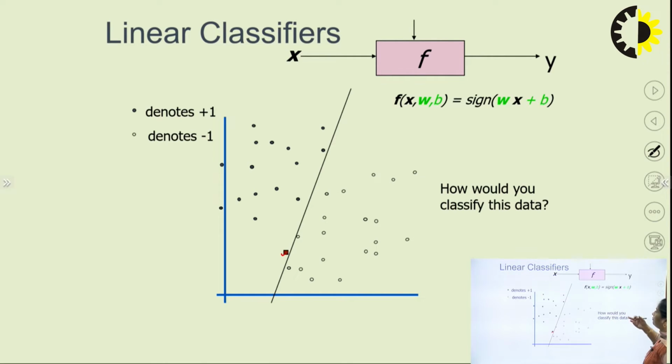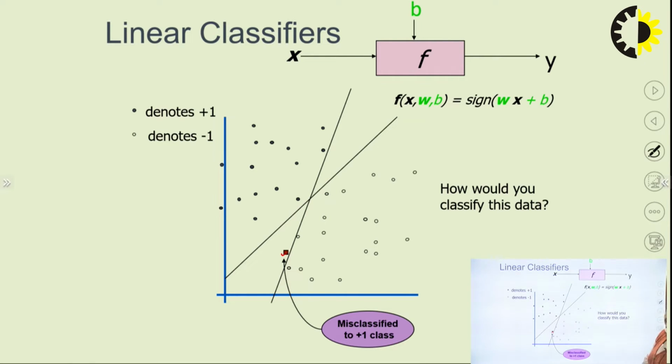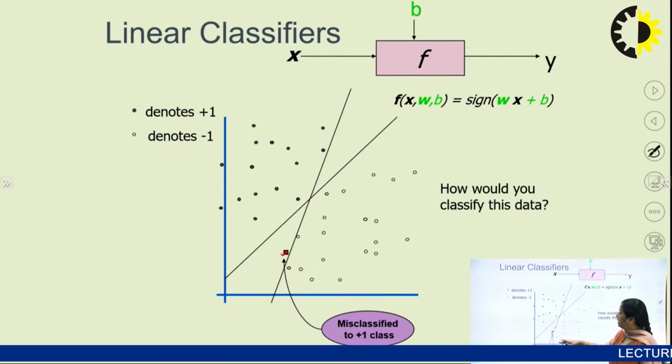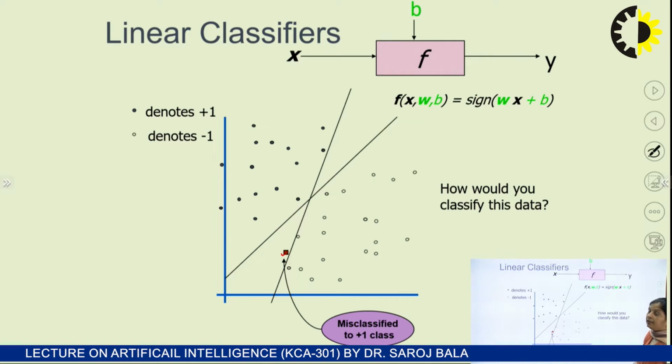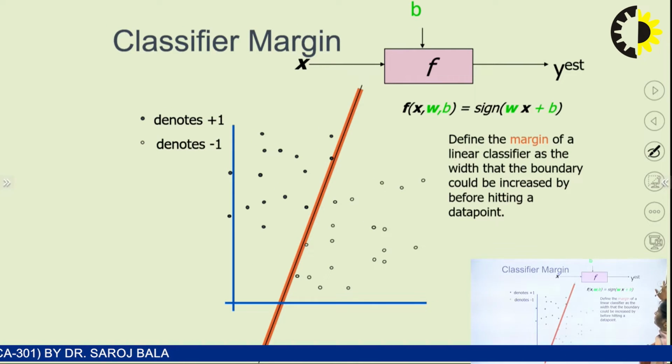So it can be the case that a negative object is classified as a positive one. See, this is misclassified as the positive class. Now if we had taken this one, in that case it was a correct classification. Now the problem is which one I should select.